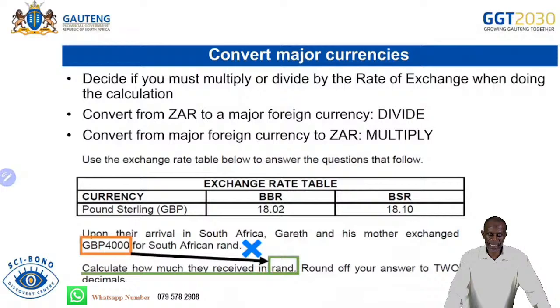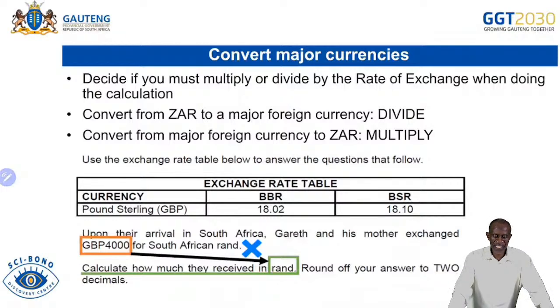Convert major currencies. As we move on with the calculation, decide if you must multiply or divide by the rate of exchange when doing the calculation. So for your conversion to work out easier, when you convert from South African rand to major foreign currencies of the world, you always have to divide. If you have to convert the rand into foreign currencies like the euro, you always have to divide.